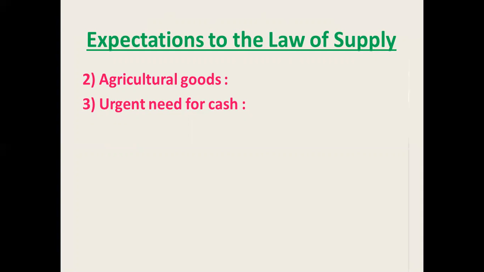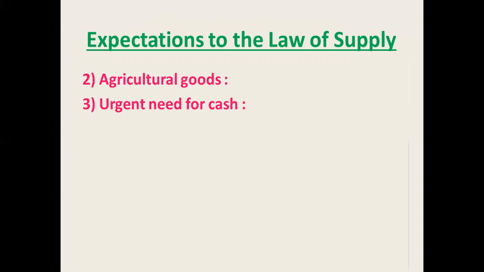The next exception is the urgent need for cash. See now, if we have to face any problem, like a family problem or any personal reason, at that time we need cash. So if the seller is in urgent need of hard cash, he may sell his product at a price which may even be below the market price.